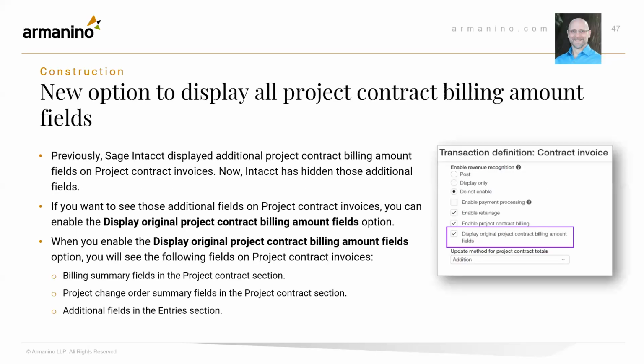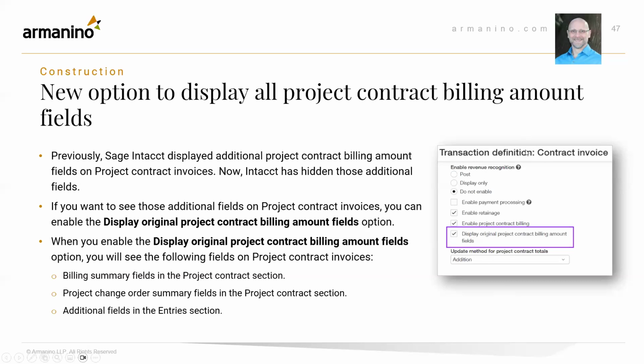And then there's a new option to display all project contract billing amount fields. So what does that mean? Previously in Sage Intacct, it displayed additional project contract billing amount fields on project contract invoices. Those are all now hidden. However, if you want to see them, and you can see over here on the right, there's a transaction definition.